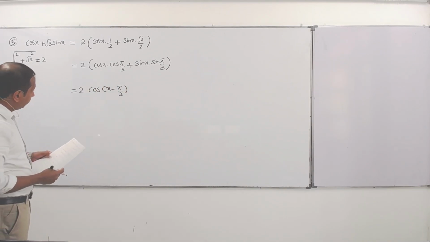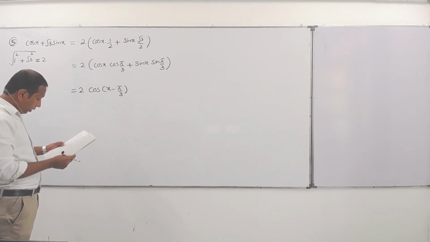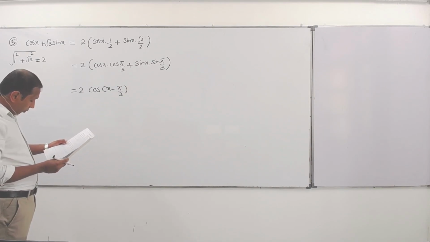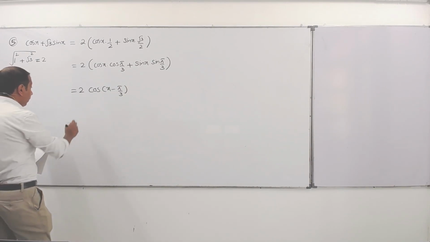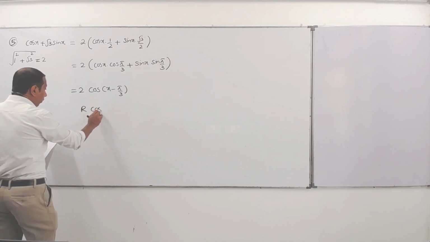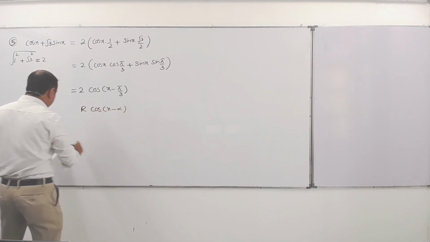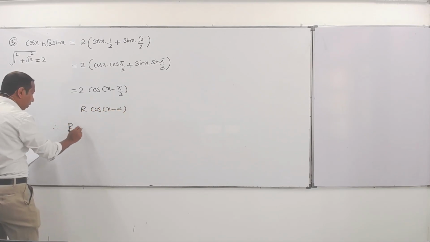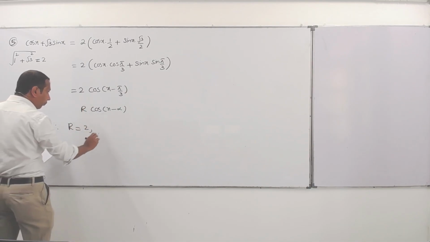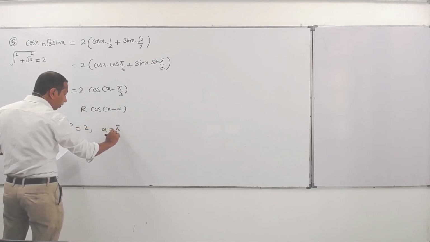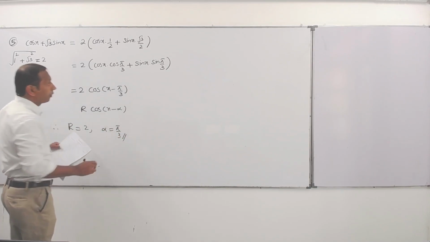Then we wrote. So then asking to write it in the form r cos(x minus alpha), no? Comparing with r cos(x minus alpha), we can write r is 2 and alpha is pi by 3. Correct, no?